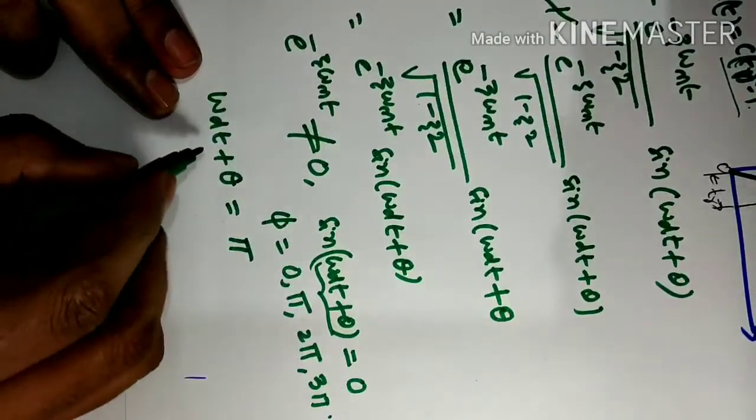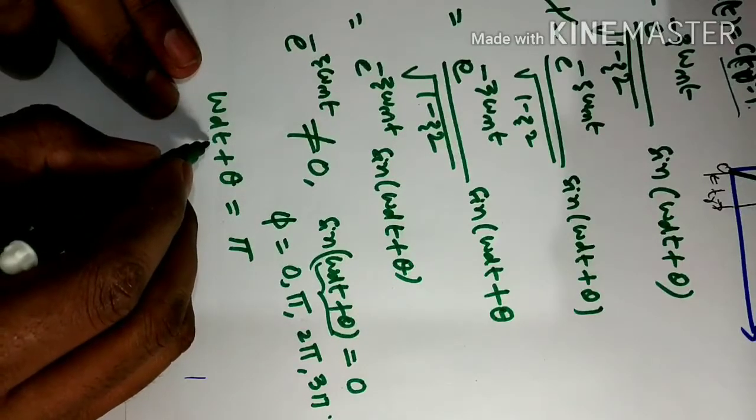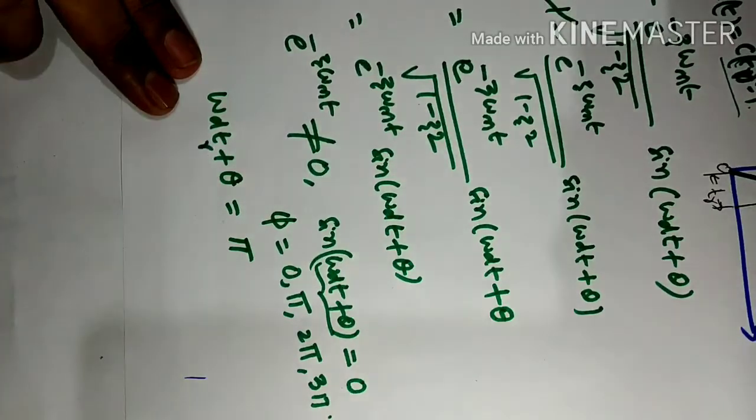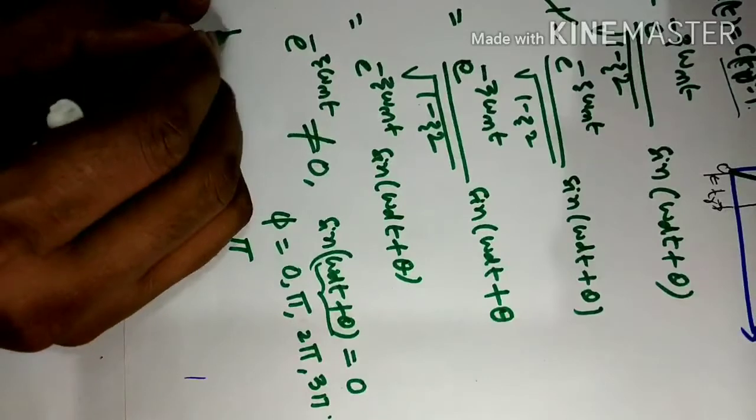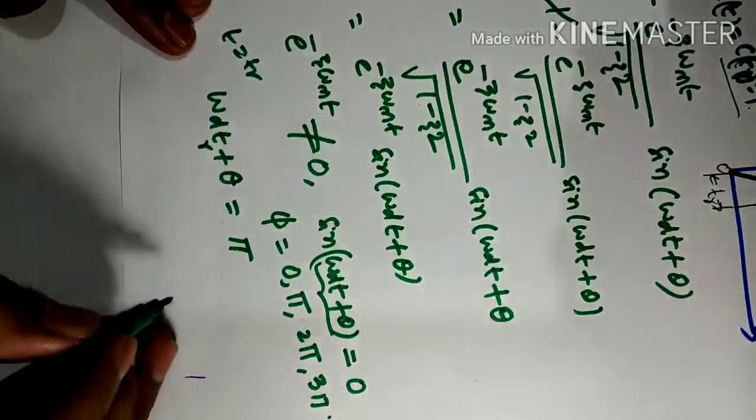Now I'm going to take t as the rise time tr, so t is equal to tr, I'm substituting here.